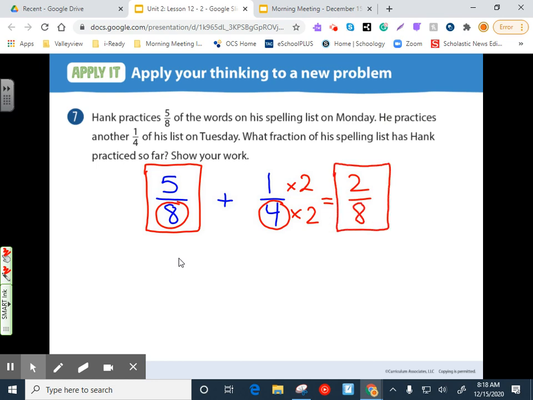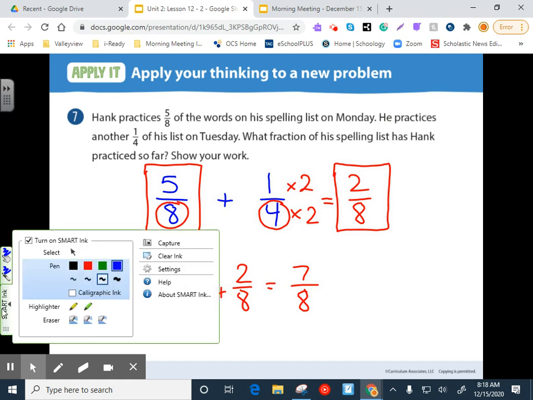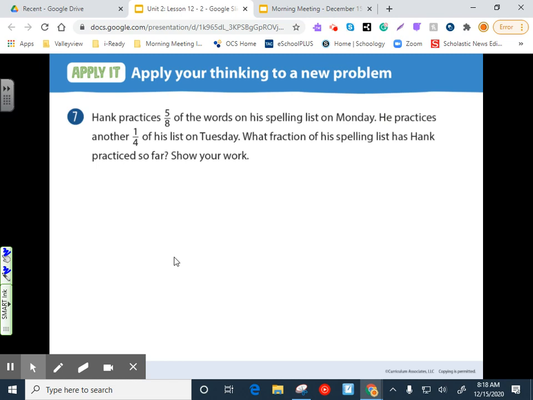So we've got 5 8s plus 2 8s, and that will give us 7 8s. So he did 7/8 of his list. So again, sometimes it's just easy to keep one of the fractions if you can easily turn the other one to an equivalent fraction with the same denominator. Sometimes it's right there in plain sight.